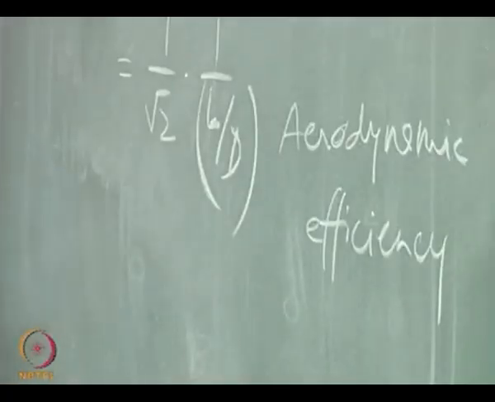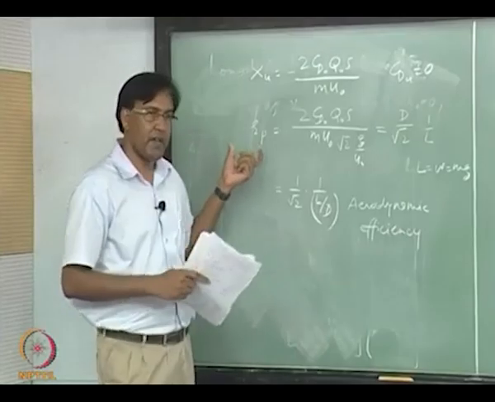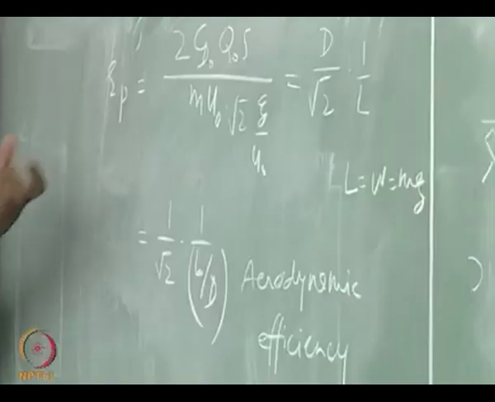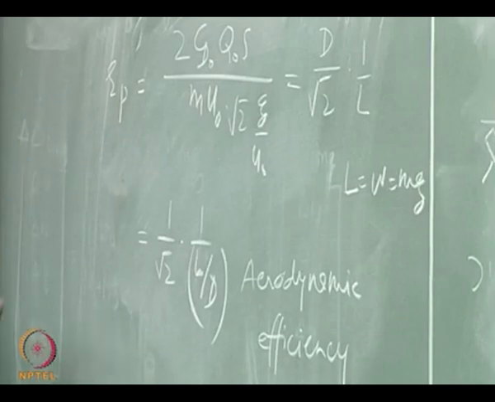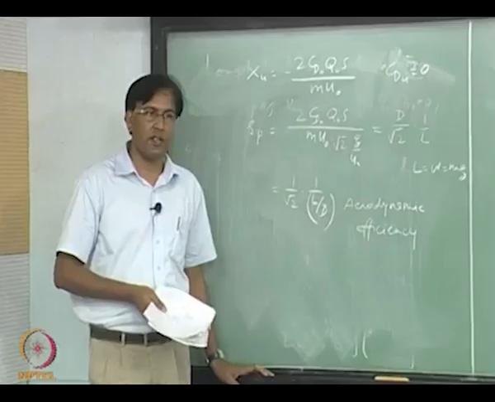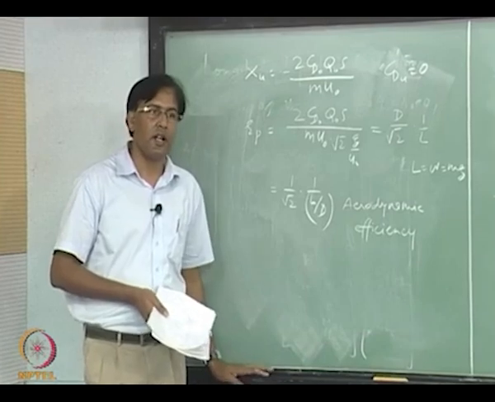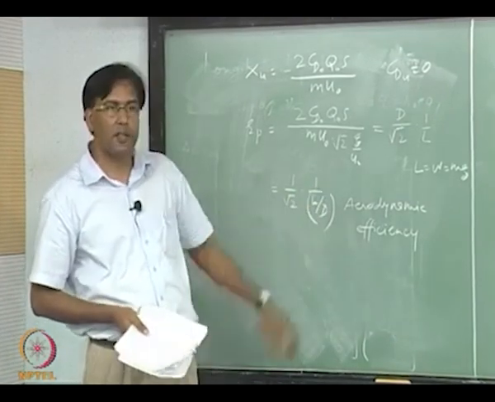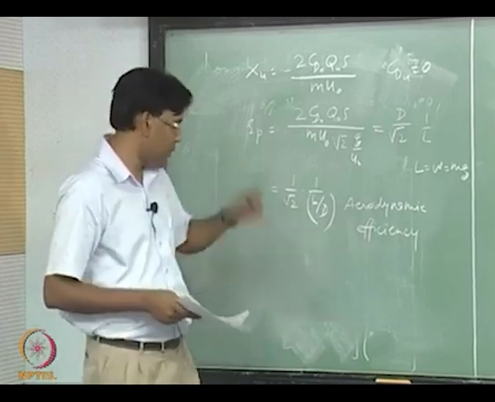So, there will be some requirement on these parameters, like how much value there should be. If it is not meeting that, then you have to go for control systems, right. So, in the next class we will look at Phugoid short period approximation.